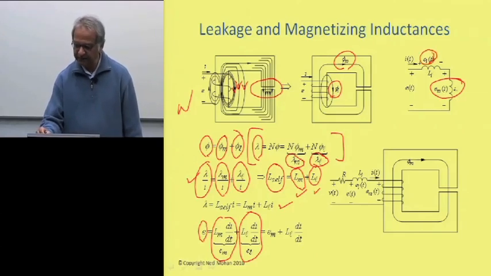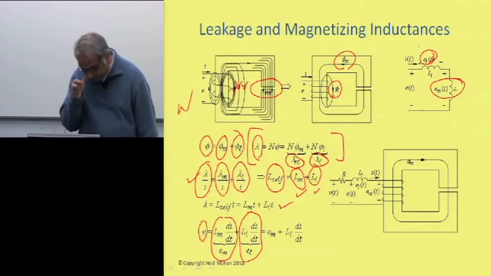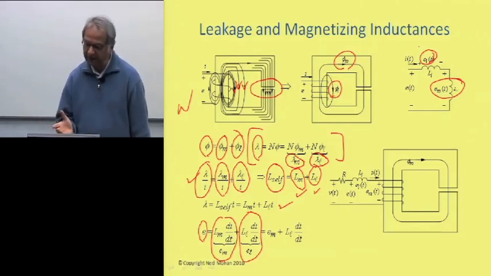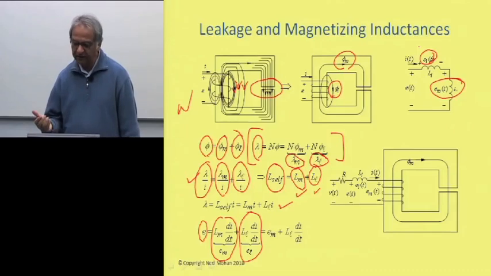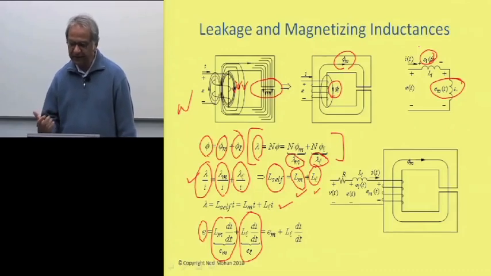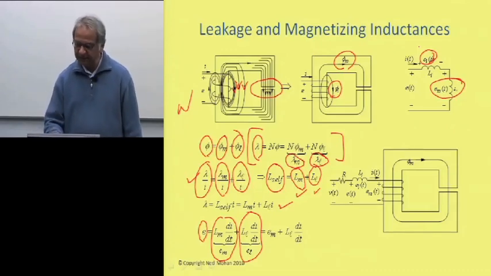So you can see that even though the flux lines are in parallel, the voltages due to these two are in series, making up the total voltage.